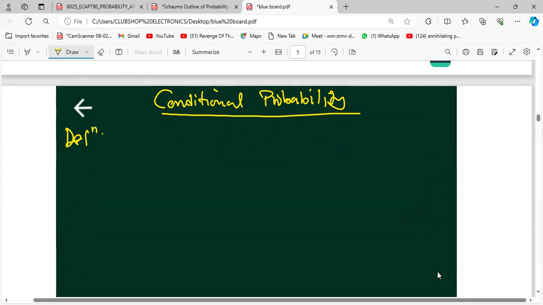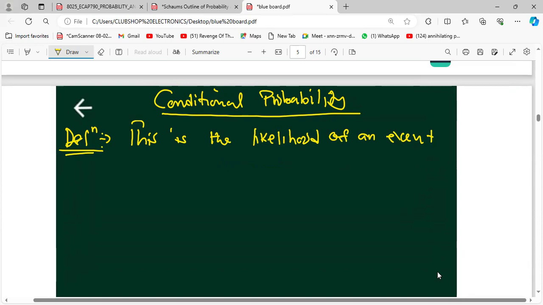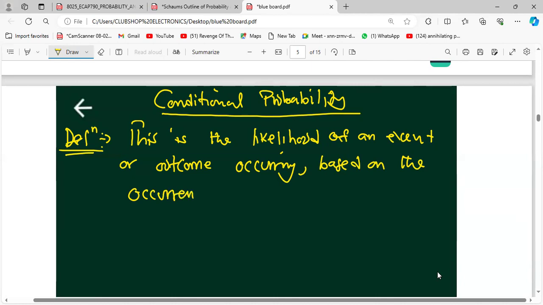By definition, this is the likelihood of an event or indeed outcome occurring based on the occurrence of the previous event or outcome.